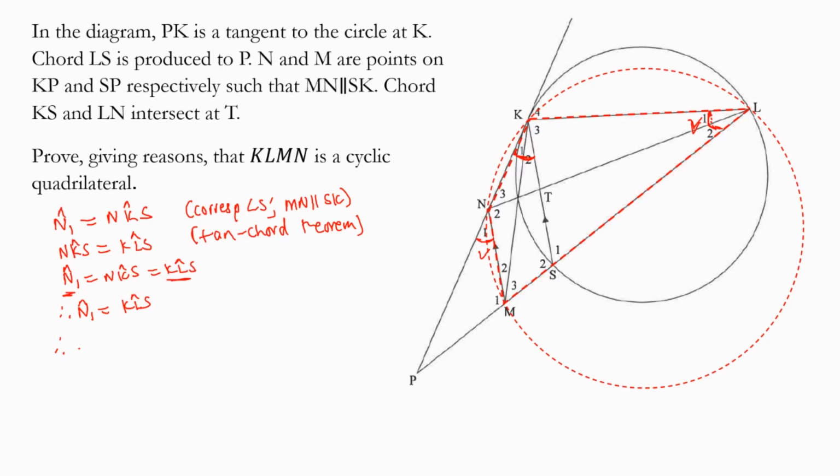Therefore, quadrilateral KLMN is a cyclic quad. The reason is: exterior angle of quad is equal to opposite interior angle. Okay, so it's a cyclic quad.